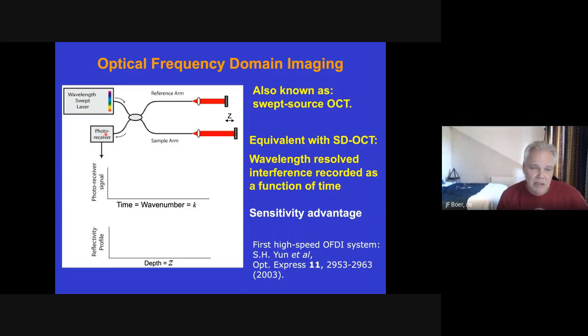Since we sweep the wavelength, we get the interference as a function of time, which is equal to the intensity as a function of wave number, or k. This means we have done a similar measurement as with the spectrometer. We have spectrally resolved the interference patterns from our tissue.